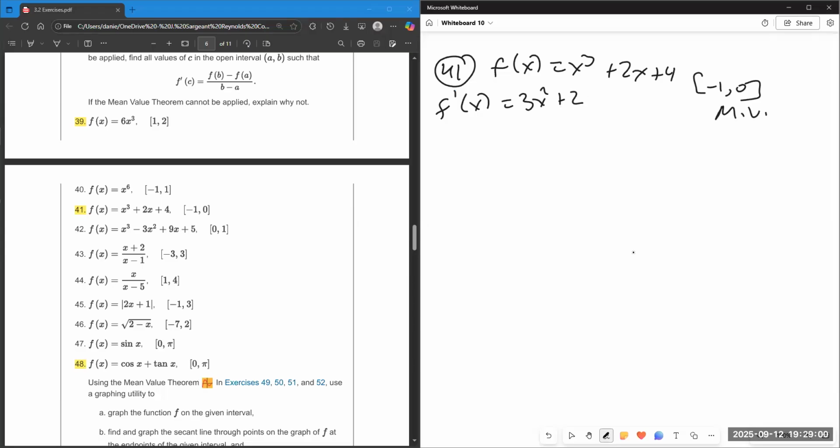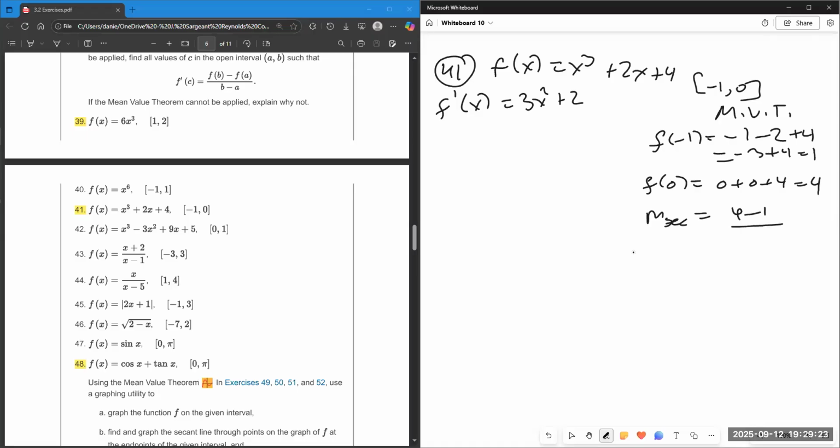The mean value theorem definitely applies here because it's a polynomial. f of -1 is -1 minus 2 plus 4. -3 plus 4 is 1. f of 0 is 0 plus 0 plus 4, which is 4. So the slope of my secant line is 4 minus 1 over 0 minus -1, which is 0 plus 1. 3 over 1 is 3.